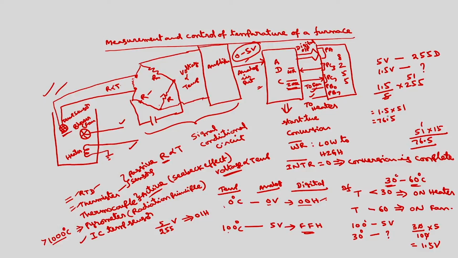Either you can take the decimal value, or take 76 or 77, it is up to you. Let us take 76, because to convert this decimal number into hexadecimal we need an integer.